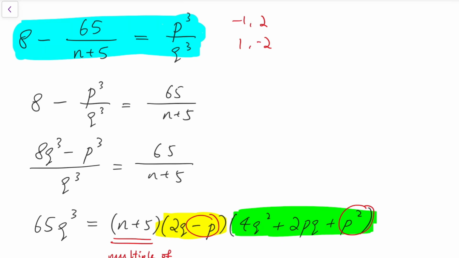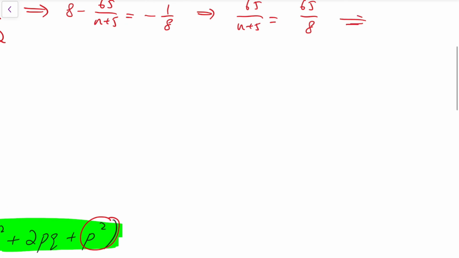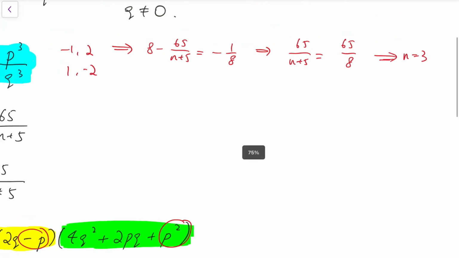For the first case, (minus 1 over 2) cubed is minus 1 over 8. So 8 minus 65 over n plus 5 equals minus 1 over 8. So 65 over n plus 5 is equal to 65 over 8. That means n equals 3.